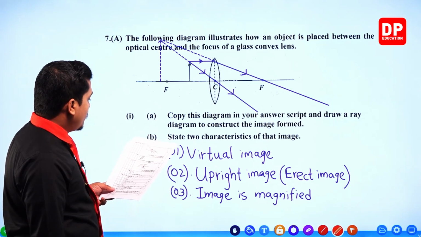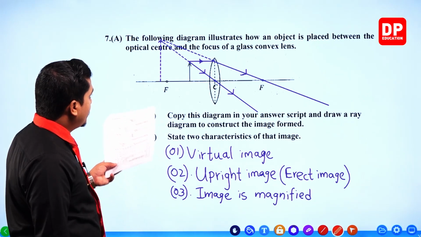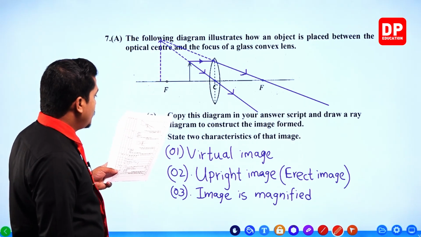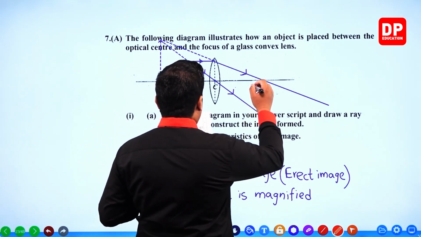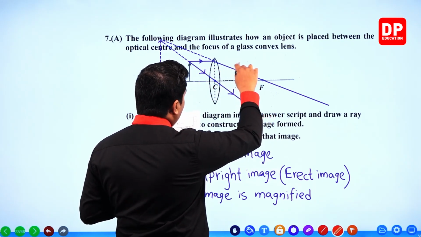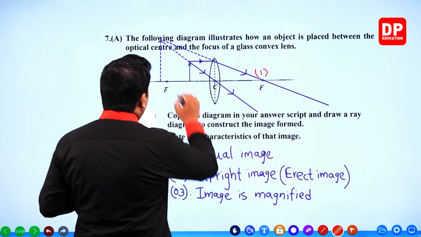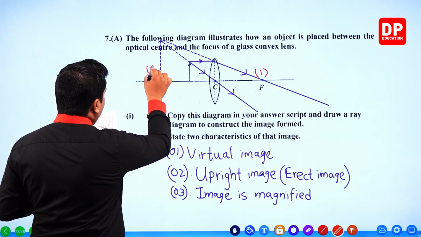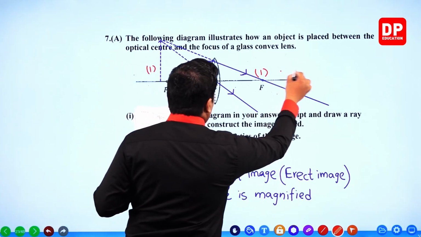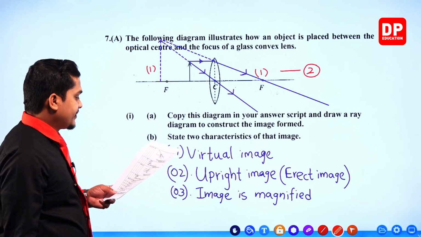So first of all, for drawing down this structure, for drawing down the ray diagram, you will be getting 2 marks, right? For marking in the 2 light rays, you'll be getting 1 mark, and for drawing out the image correctly, you'll be getting 1 mark. So altogether 2 marks for the ray diagram.